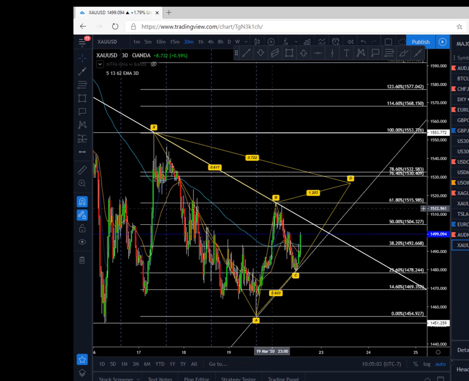For a Gartley, this is the minimum. Actually, this is the only area where Gartley completes, the 61.8.